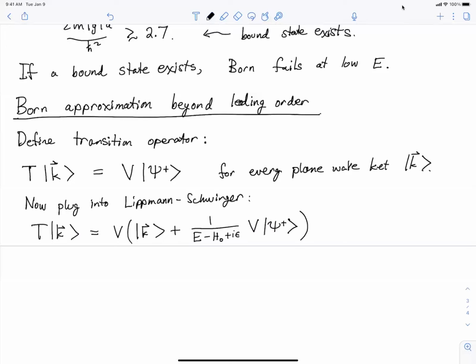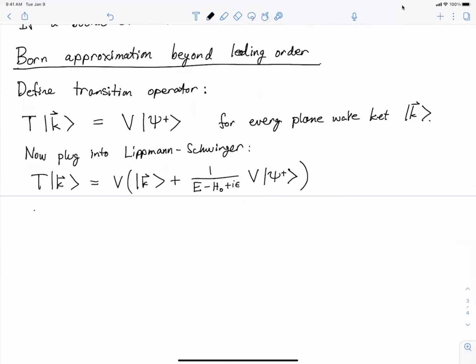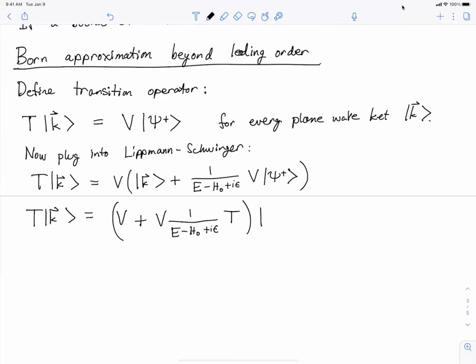But now if we stare at that, we realize we have V times psi plus, which we can write again in terms of T times K. So let's go ahead and do that. We get T times K is equal to V plus V times 1 over E minus H0 plus i epsilon times T. And now everything on the right side is a K, our plane wave state.